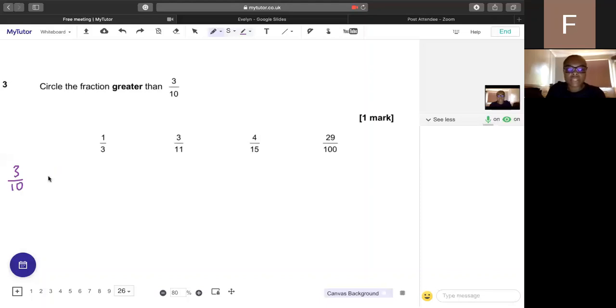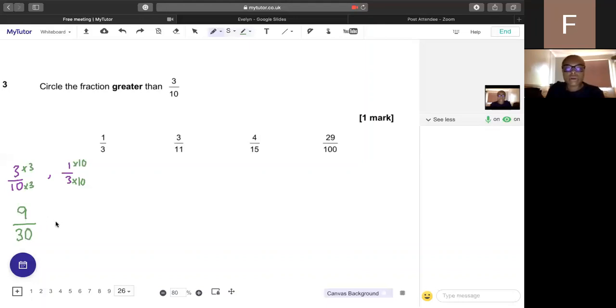So let me just write 3/10 and 1/3 over here first. We want to turn this into something over 30. So I'm going to multiply my 10 by 3 to get to 30. So we've got 3 times 3 is 9 over 30. And then to get to 30 from 3, you need to multiply by 10.